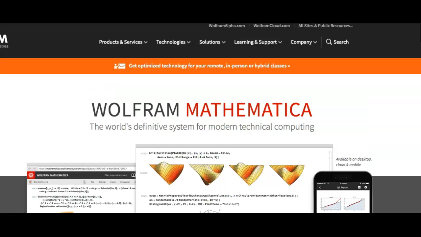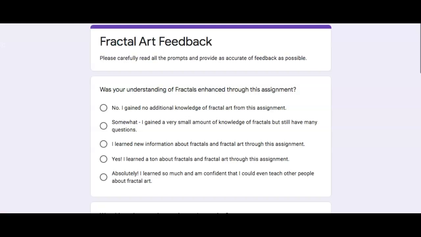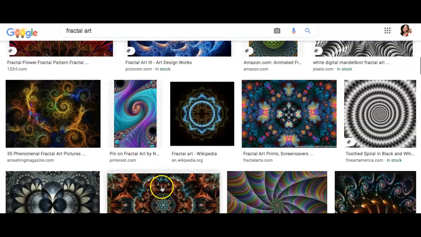Because essentially, when you look at fractals, they're a repeated shape. You see how this little section is repeated here, it's repeated here, and it's smaller and smaller and smaller, right? So you need to continually compute the same formula over and over in order to generate that repeated fractal art.